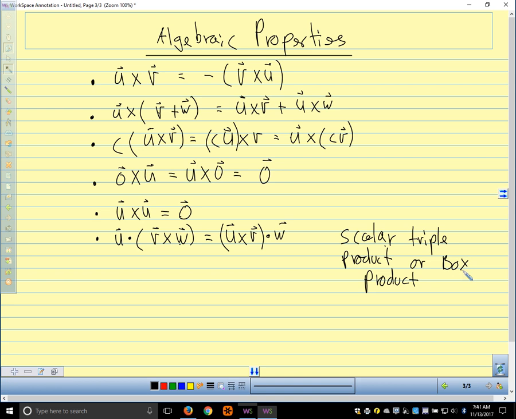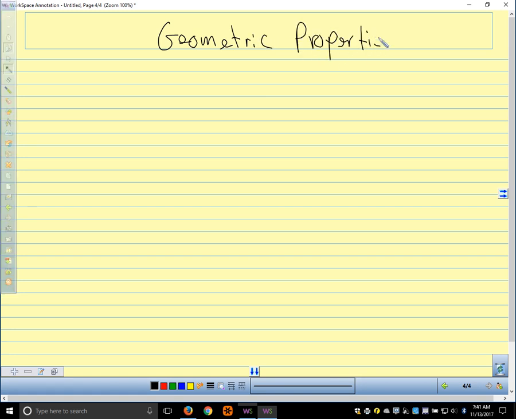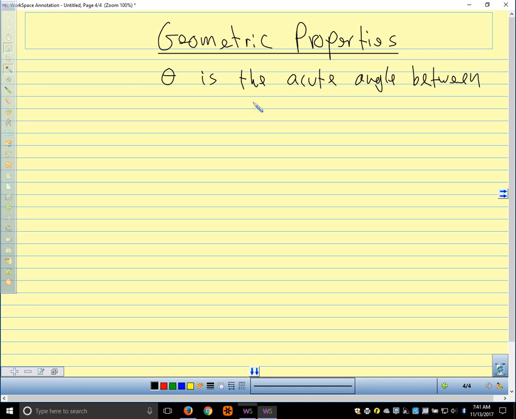So these are algebraic properties. Let's talk about the geometric properties. The geometric properties are the ones that we're going to use in Calc 3 a lot. I'm going to say theta is the acute angle between u and v.